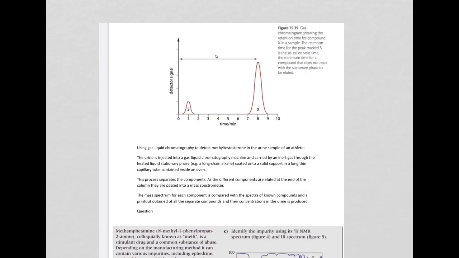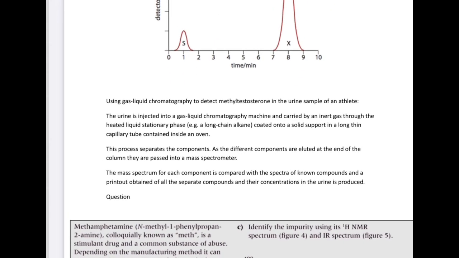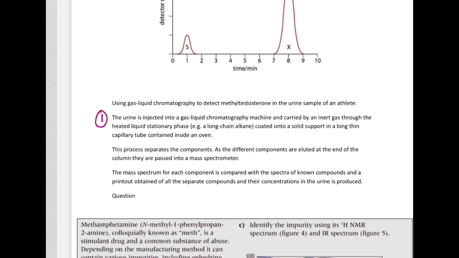So let's say we have a urine sample to be analyzed. These are the steps that have to be taken. First, the urine is injected in a gas liquid chromatography machine and carried by an inert gas through the heated liquid stationary phase. The stationary phase is the part that is in the oven, and the inert gas is the mobile phase.